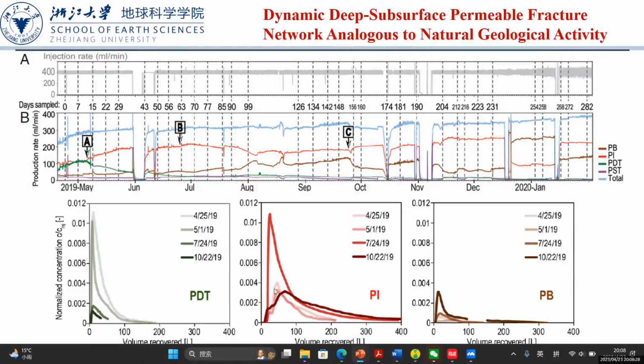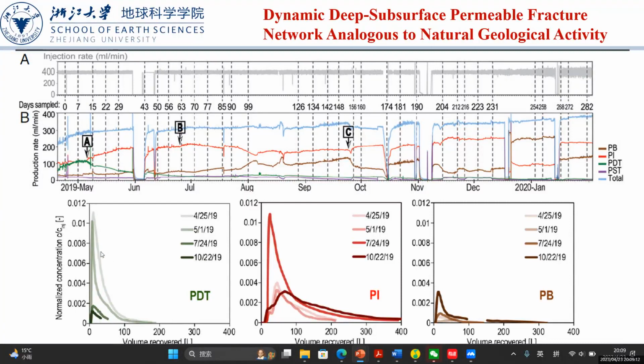And this PDT, PI, PB, they are boreholes or some interval packer, as shown before. And so they did this test 4 times in total, basically every 2 or 3 months. And as shown here, the date of the test. The x-axis stands for volume recovered, and the y-axis stands for basically concentration.